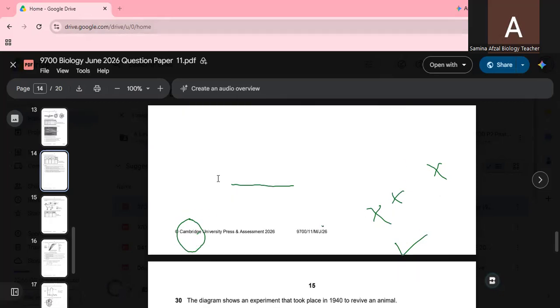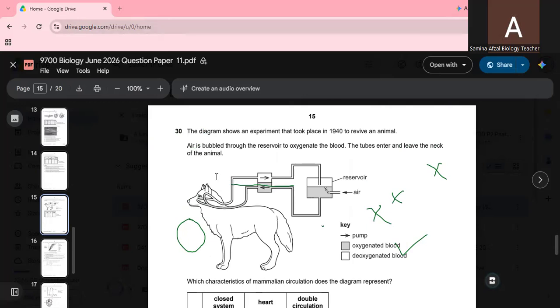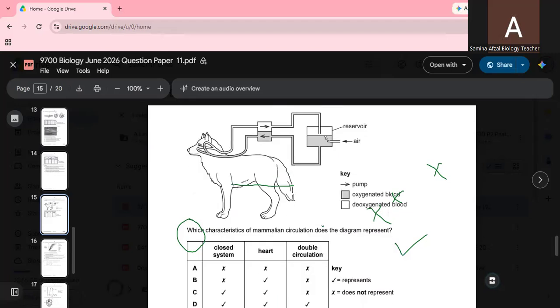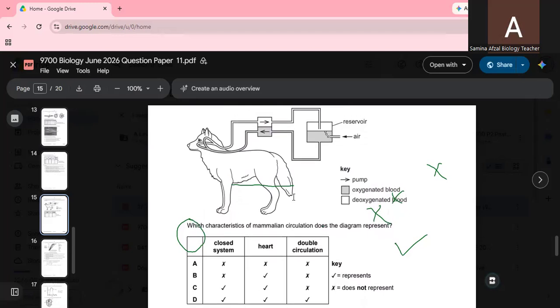Question number 30: the diagram shows an experiment that took place in 1940 to revive an animal. Air is bubbled through the reservoir to oxygenate the blood. The tubes enter and leave the neck of the animal. So you can see the animal is there and the diagram representing it.